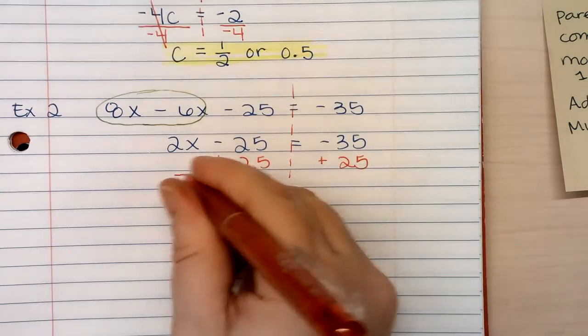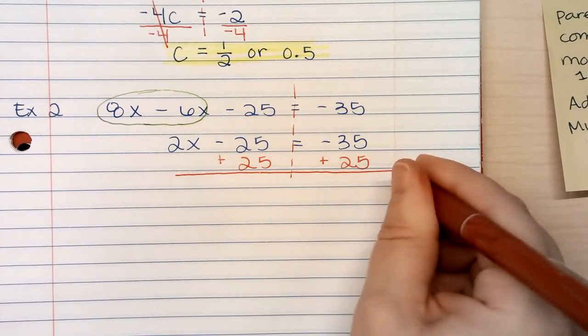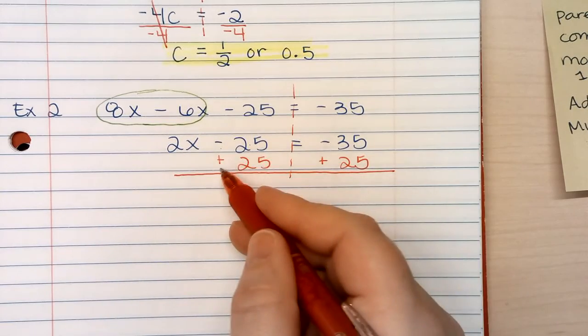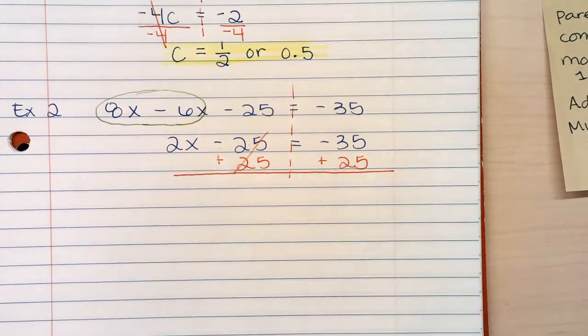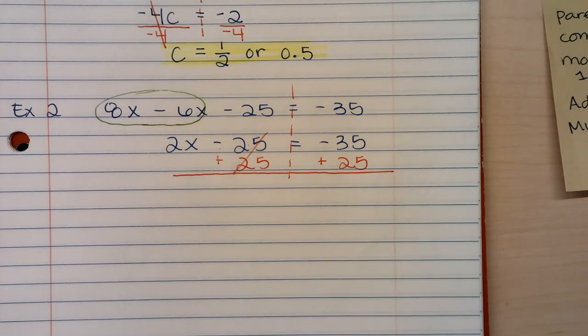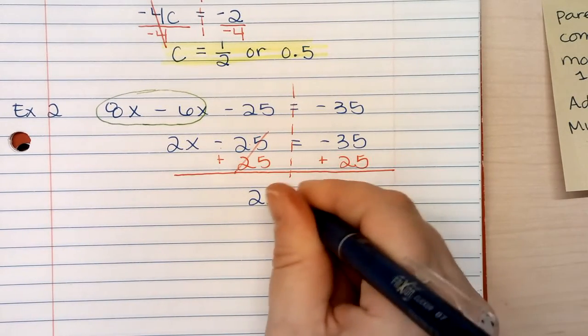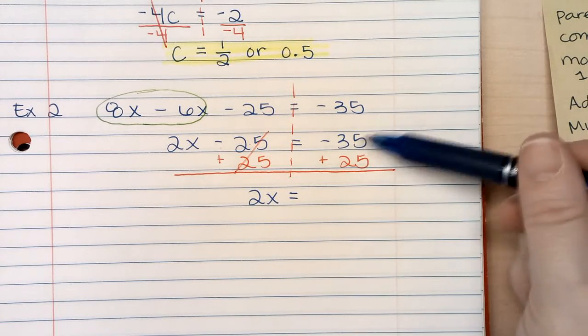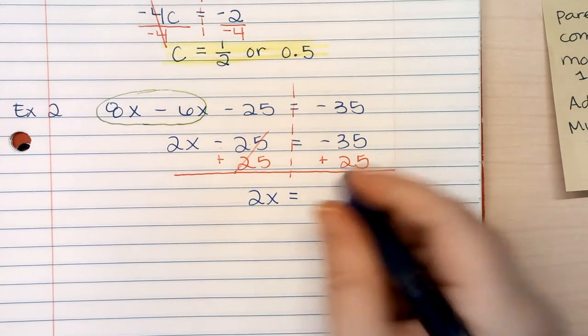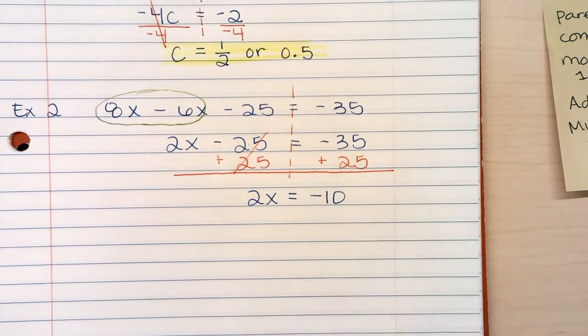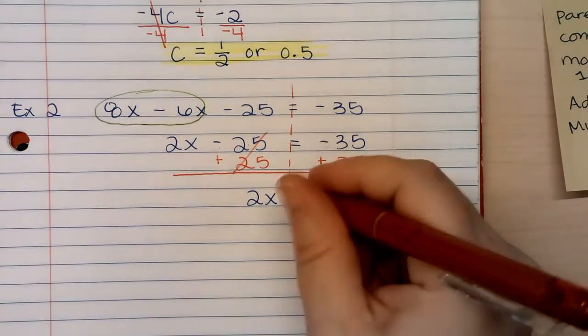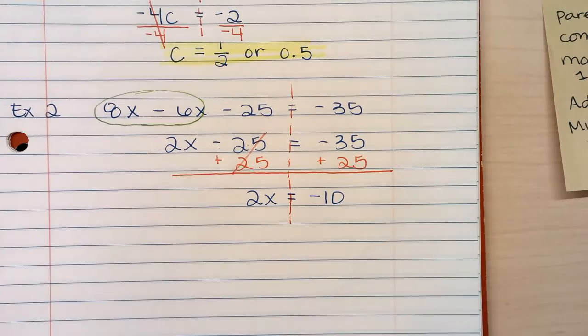And when I do that, negative 25 plus 25 cancels out. It's 0. Bring down your 2x equals, and I have negative 35 plus 25. This is negative 10. I still am working on isolating that x.